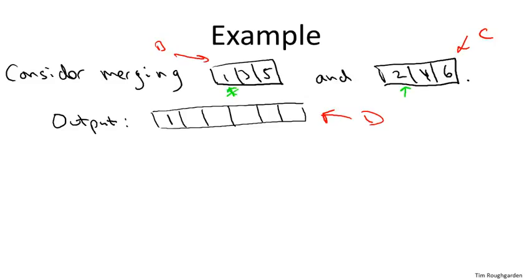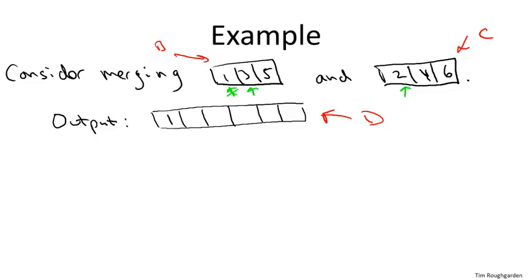So 1 goes there, and we advance this index over to the 3. And here nothing really interesting happens. There's no reason to count any split inversions, and indeed the number 1 is not involved in any split inversions because 1 is smaller than all of the other elements, and it's also in the first index. Things are much more interesting when we copy over the element 2 from the second array C.